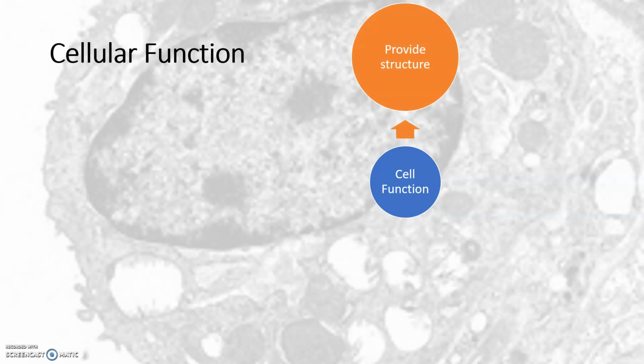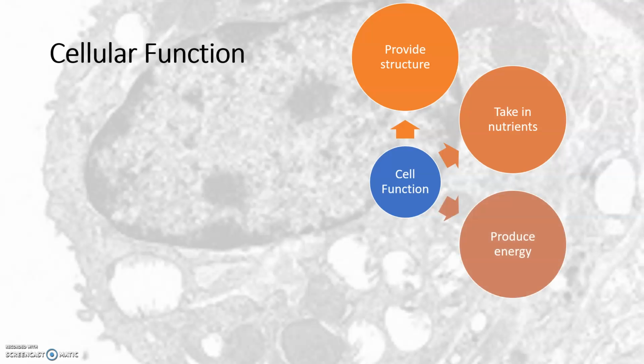So the cell provides a structure in which the metabolic functions of the body take place. Cells, both individually and as part of organs, can take in nutrients and then utilizing those nutrients produce energy.